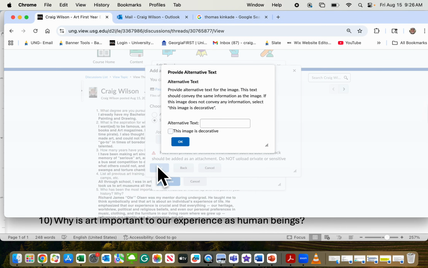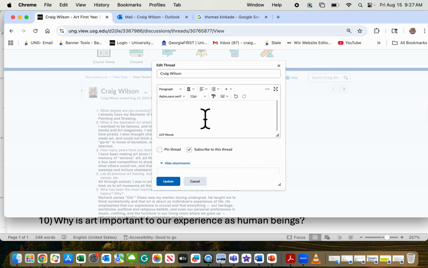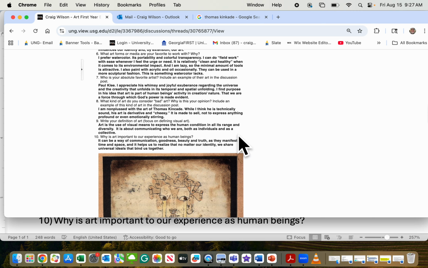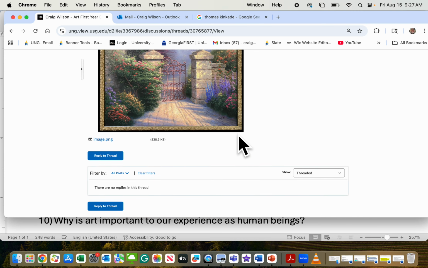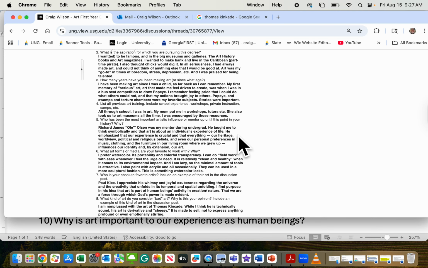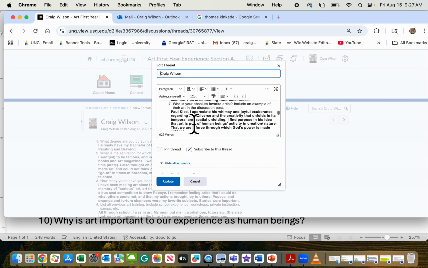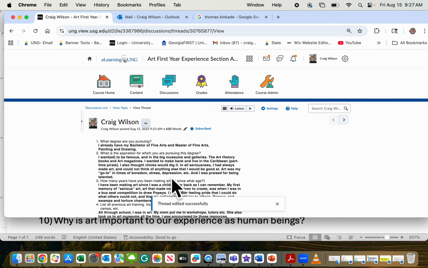Storing course files, add. This image is decorative. OK. Update. Very nice. So that's a good looking thread there. All right. Looks like there's something at the bottom that I want to edit out. No, we're good. Okay. That's it.